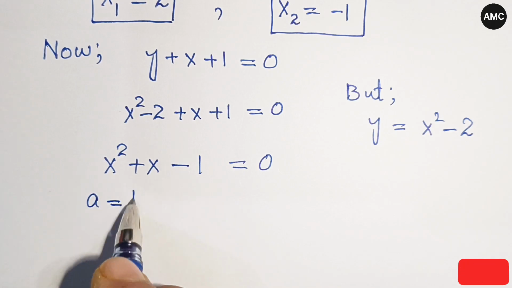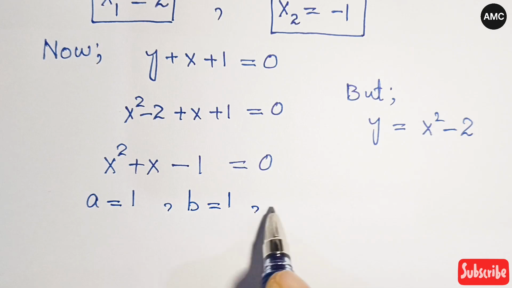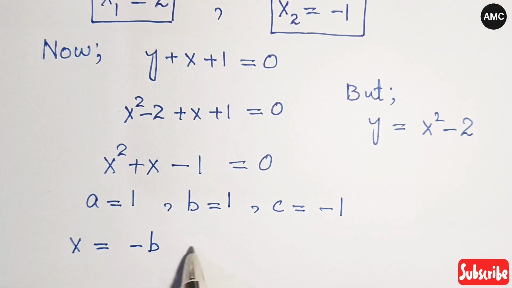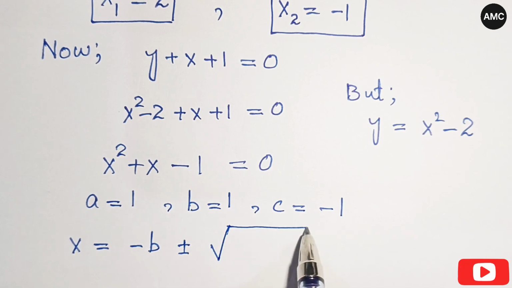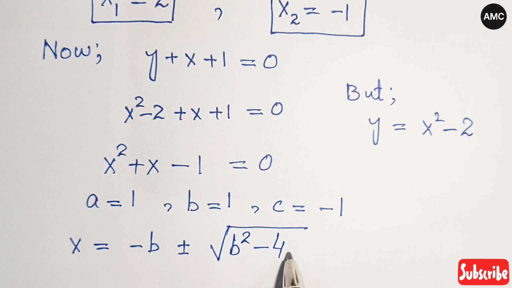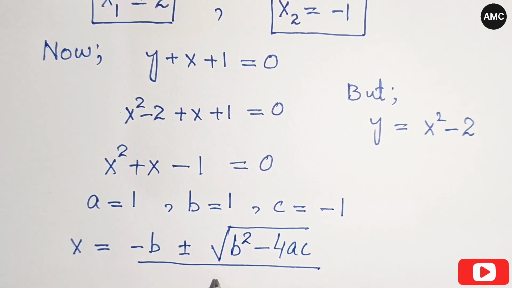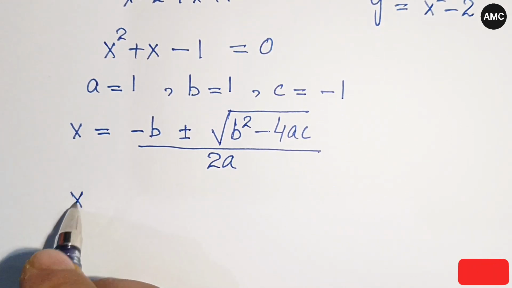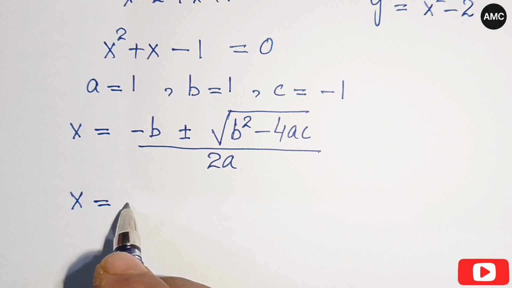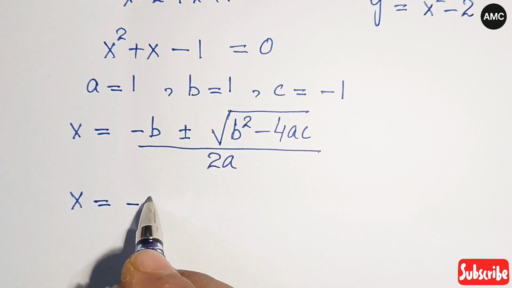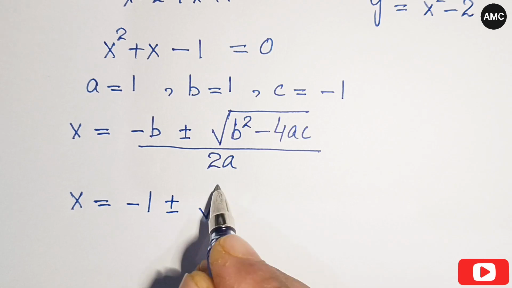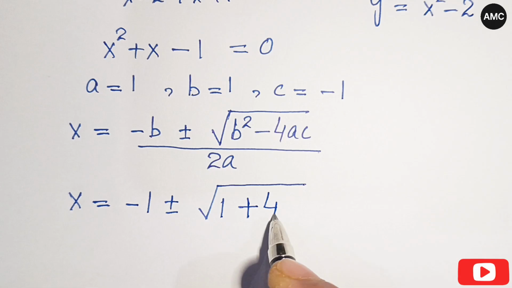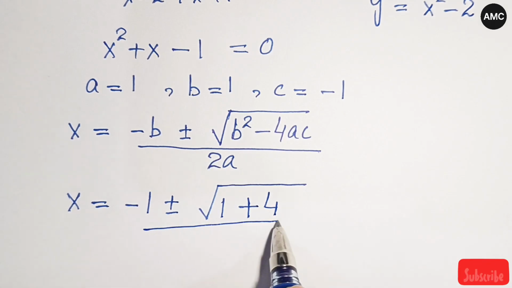Here we have the value of a is equal to 1, b is equal to 1, and c is equal to minus 1. So x is equal to minus b plus or minus the square root of b squared minus 4 times a times c, all over 2 times a. Now putting the values here, we get x is equal to minus 1, since b is 1, plus or minus the square root of b squared, which is 1, and minus times minus is plus, 4 times 1 is 4, so we get 1 plus 4, divided by 2 times a.